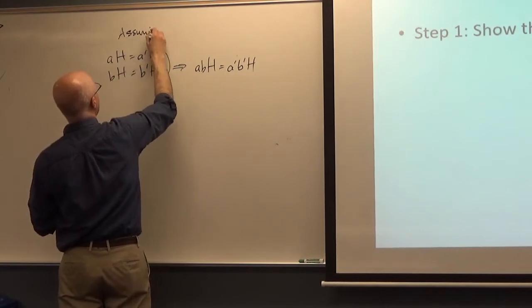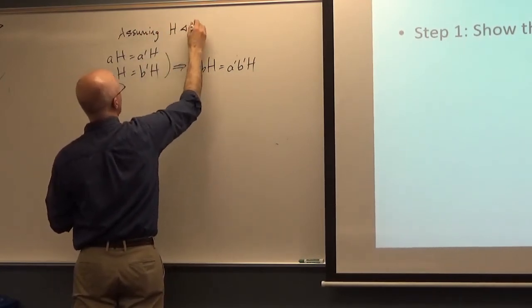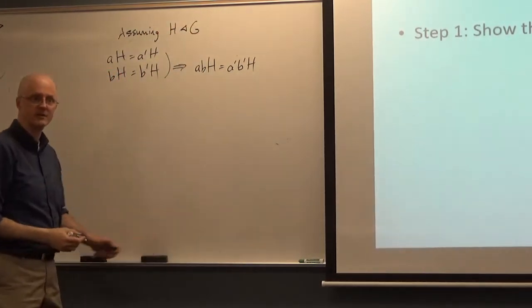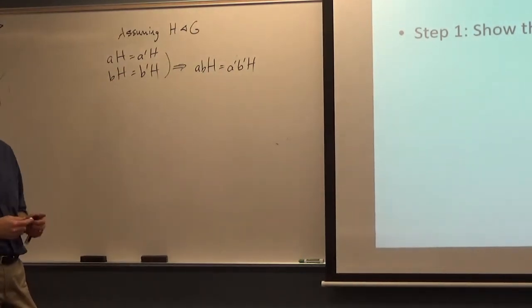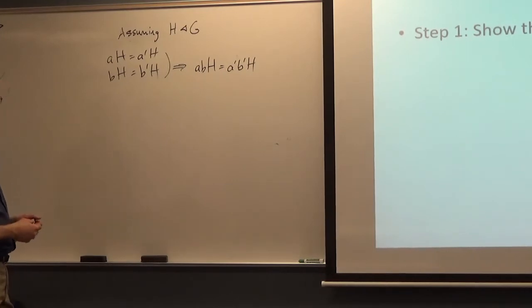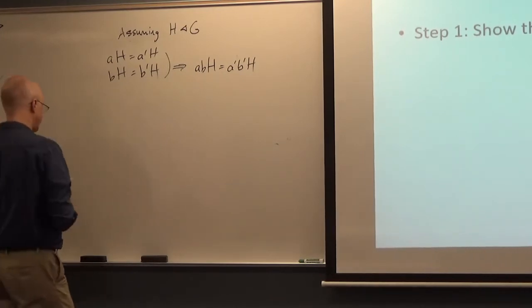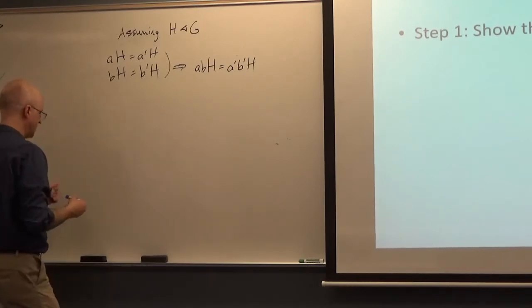Assuming H is normal in G. That's the importance of the normality, is that it will make this operation well defined. What's the proof of that? Here's the way the book does it.